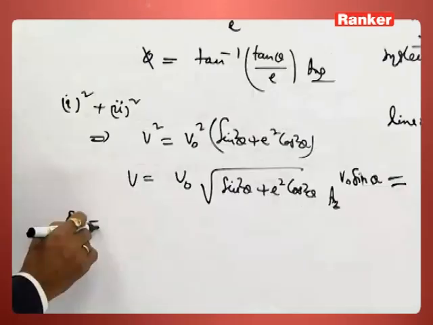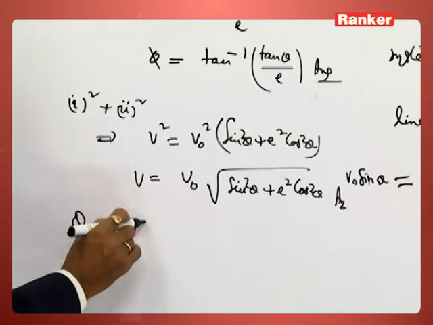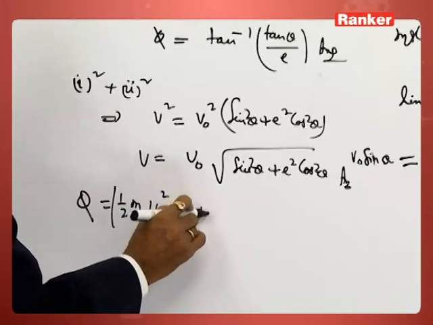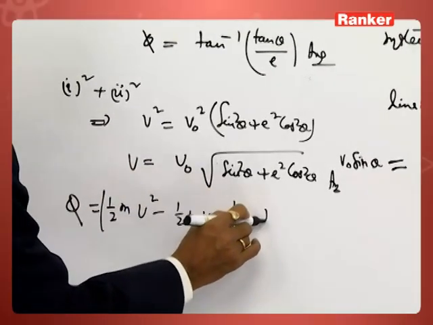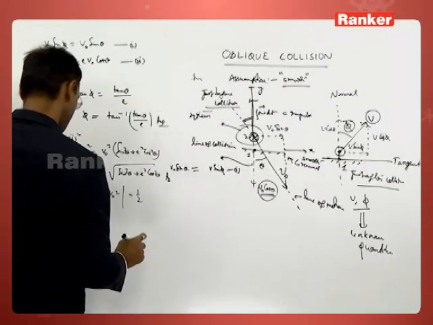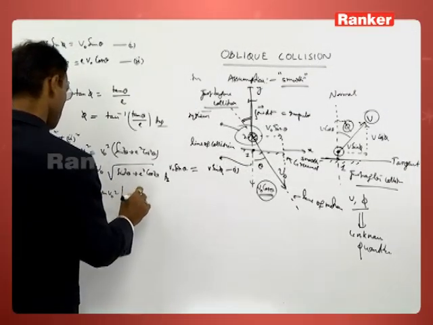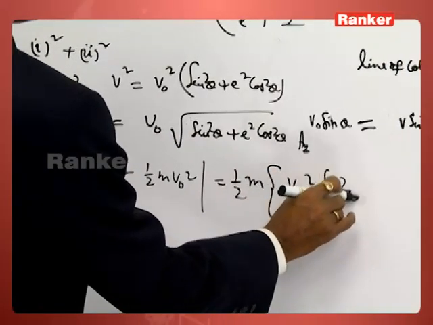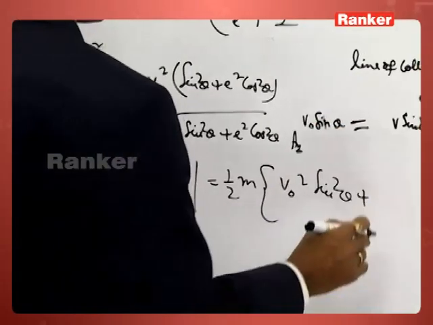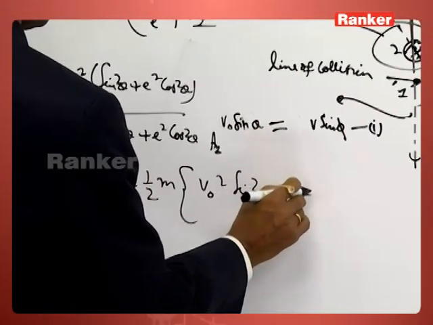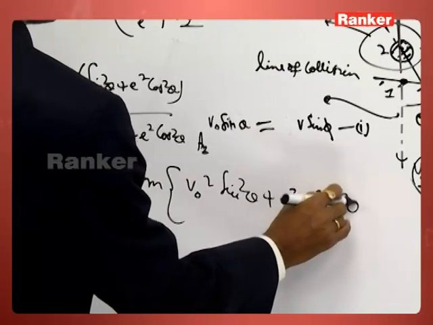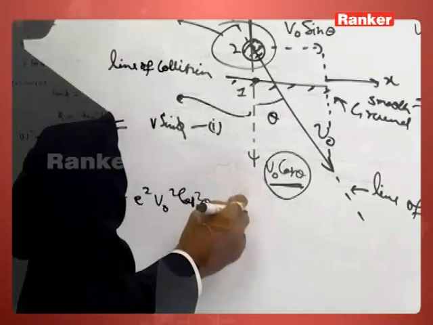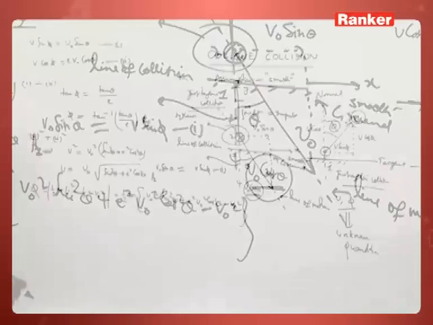The energy lost is equal to the change in kinetic energy, half m V square minus half m V naught square. Half m, take common, what is V square? V naught square sin square theta plus e square V naught square cos square theta minus V naught square.